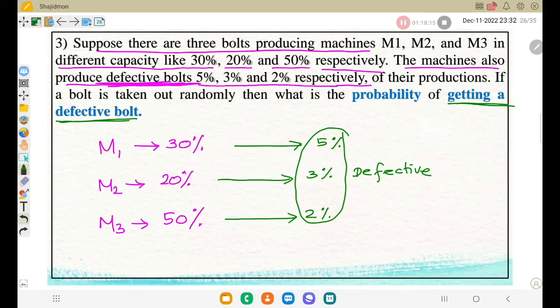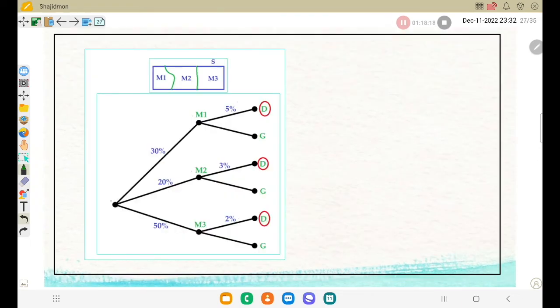So you can see the tree diagram for understanding more. So from here there are machine 1, machine 2, machine 3, correct? How many partitions are there in the sample space? 3, M1, M2, M3. Now for machine number 1, I am taking the event as E1, machine number 2 production as E2, and machine 3 production as E3.